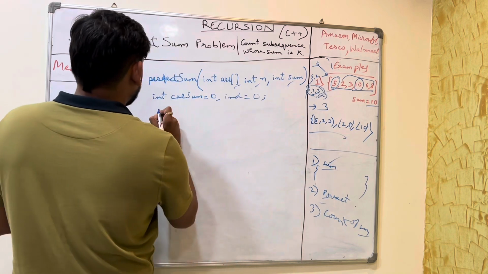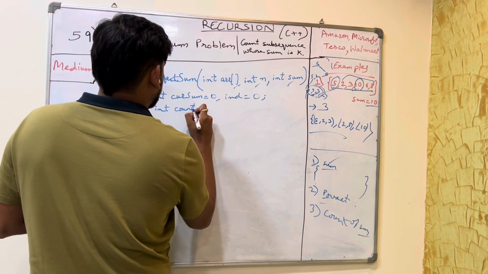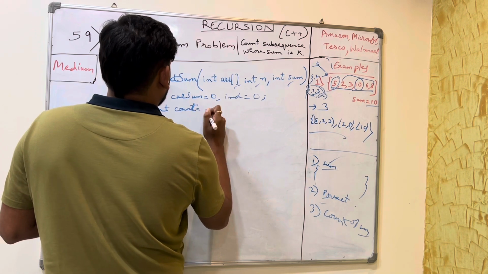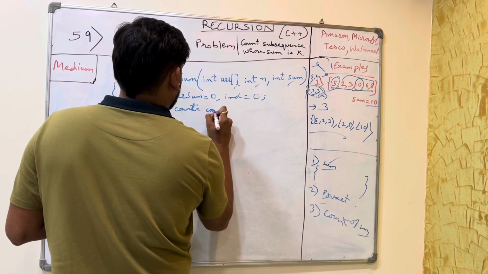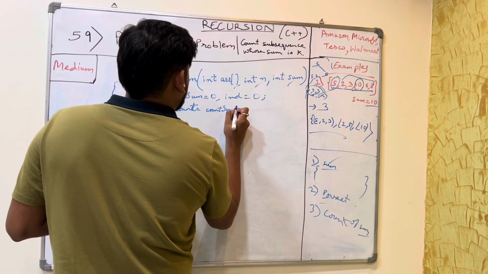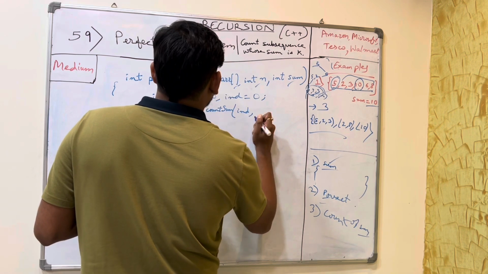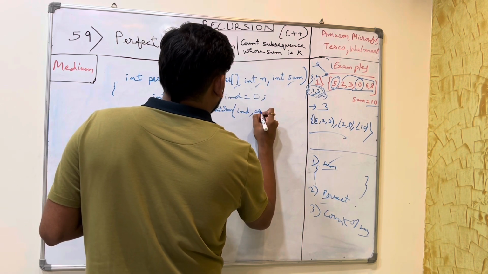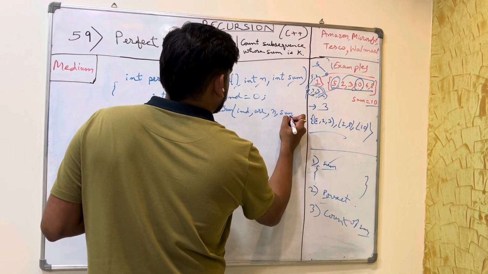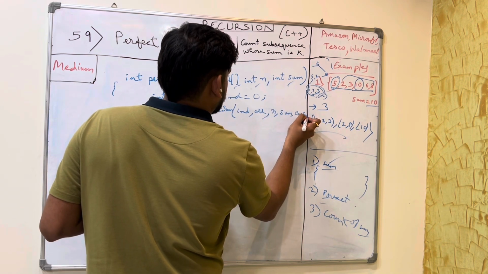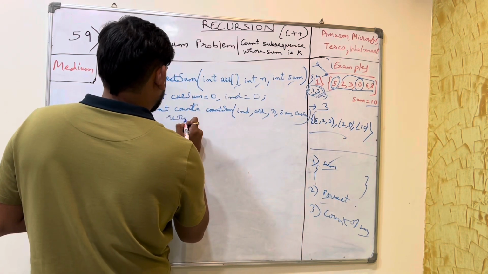Then we will have an int count equal to count sum, and we will pass our index, array, sum, and current sum. We'll pass this, and then we will return count.